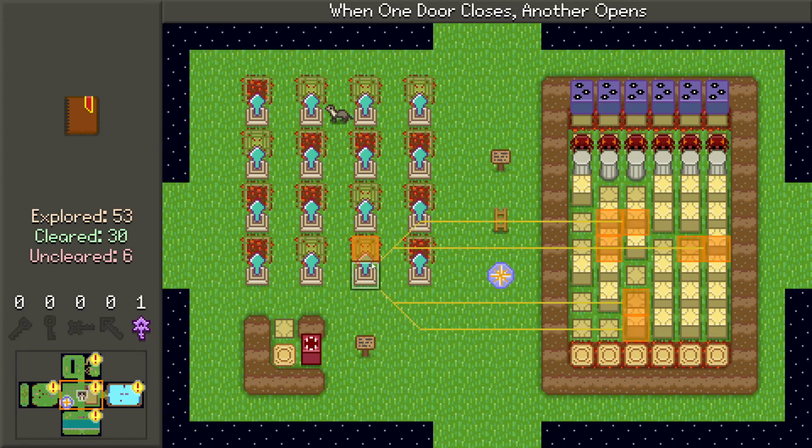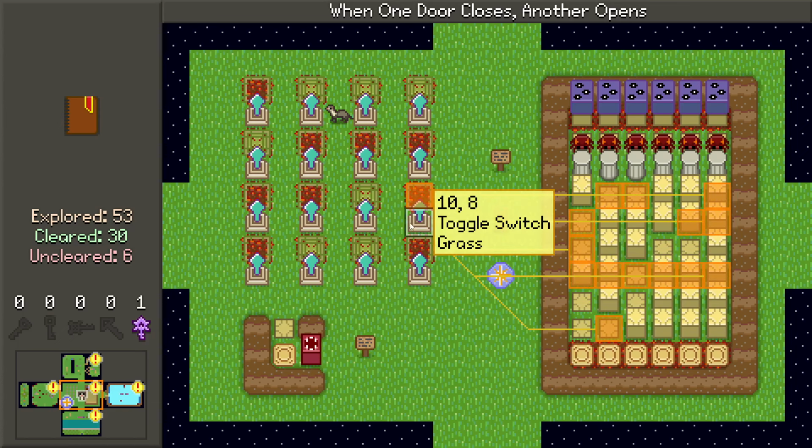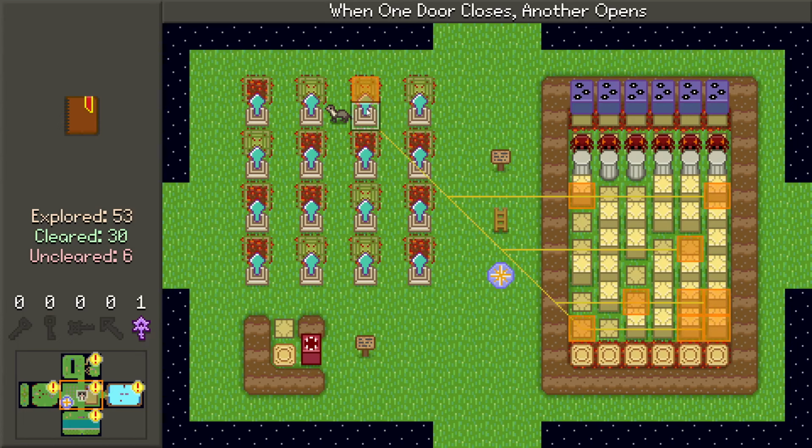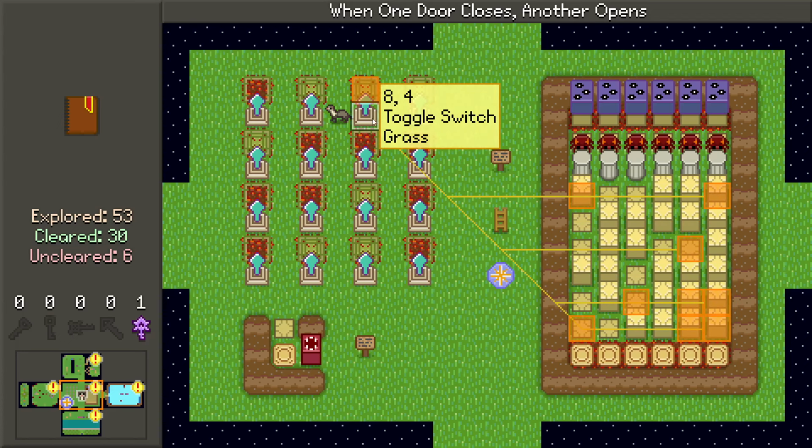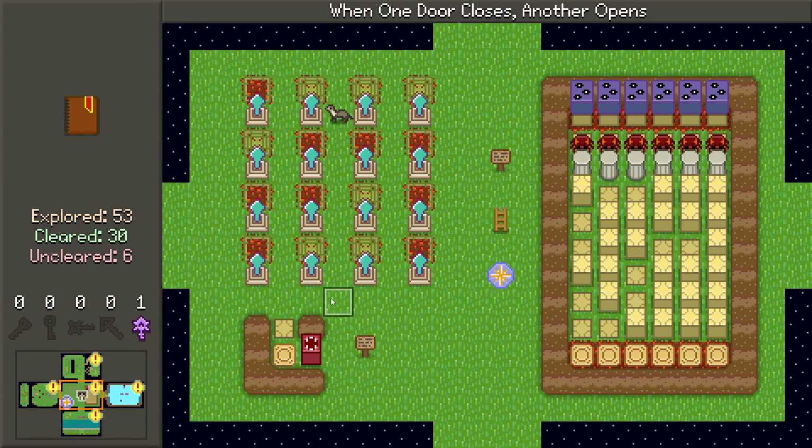There was something else I knew. 8-8 is unequal to 10-8. And then I had a triple that involved these. Wait, hold on. So this is a double. 8-4 is unequal to 4-10.